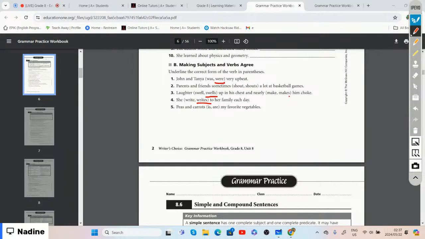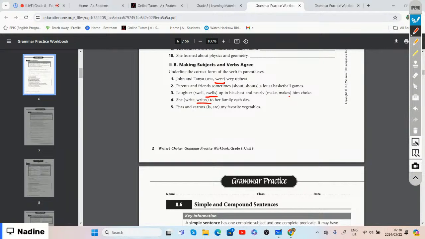And then the last one says peas and carrots. Vegetables, peas and carrots. Do we say is my favorite vegetables or do we say are my favorite vegetables?